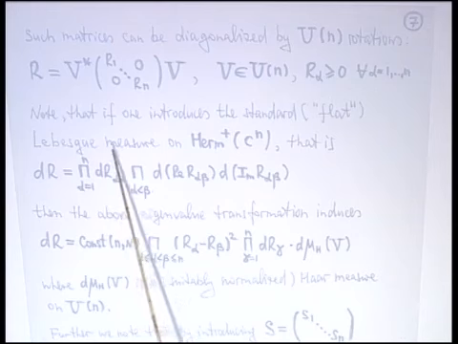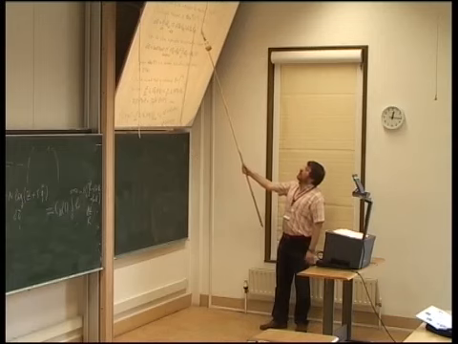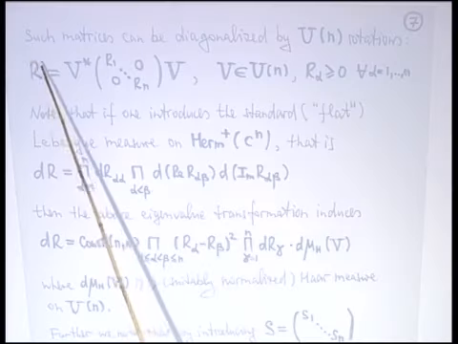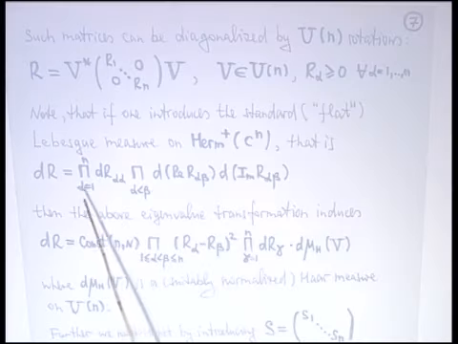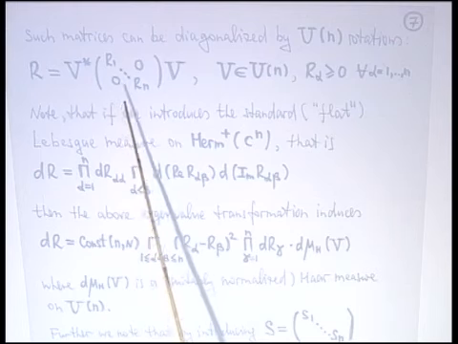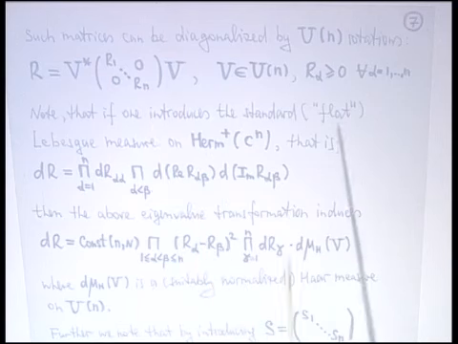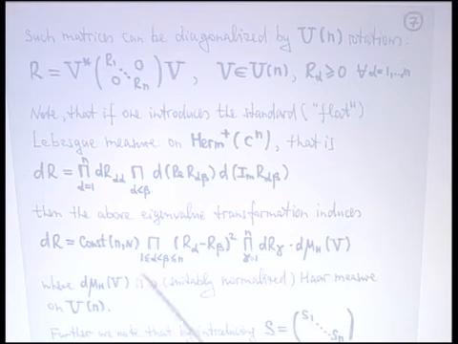It means the product of all differentials of real values on the diagonal and the real and imaginary parts of off-diagonal entries. But then this measure is written in terms of entries of matrix R. Suppose we perform such a decomposition, just diagonalization of the matrix. How will this measure look in terms of eigenvalues and these diagonalization matrices V, which are built of eigenvectors?